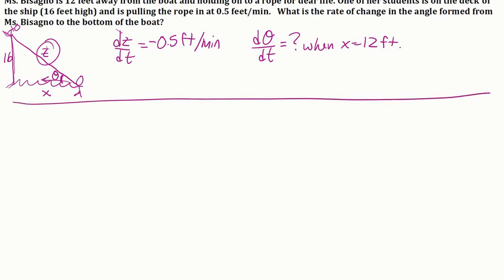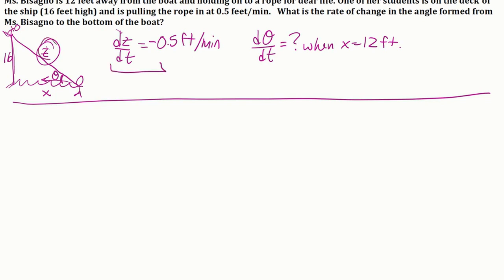In order to relate theta to x and z, or if I want to relate theta to 16 and z, I actually have a few different options, because with SOHCAHTOA, I can use sine, I can use cosine, I can use tangent. You can actually do whatever you want. I'm going to go ahead and use sine, and that's because I know dz dt.